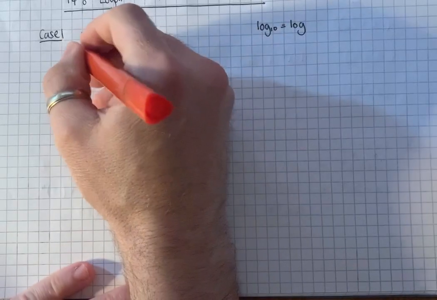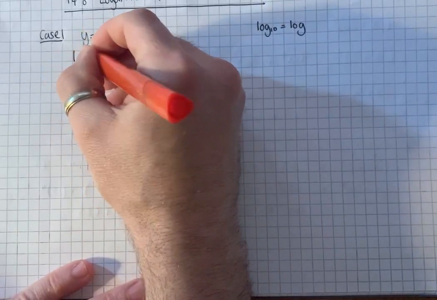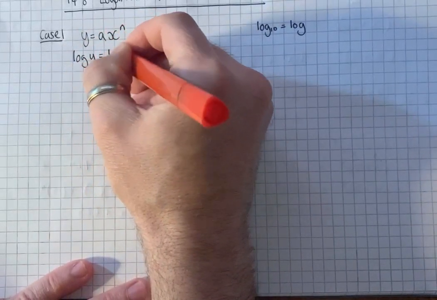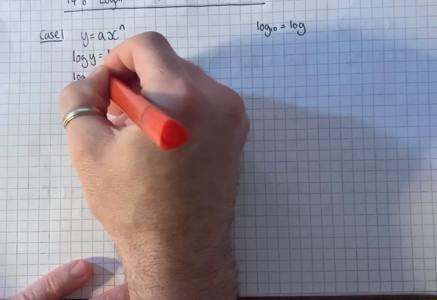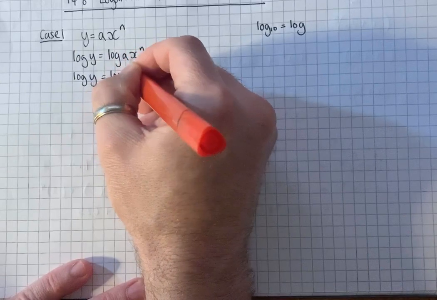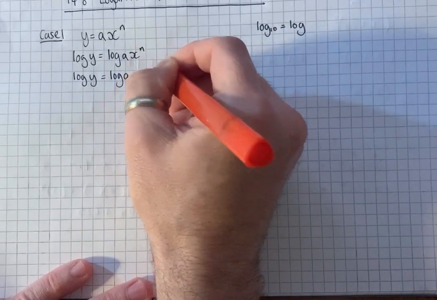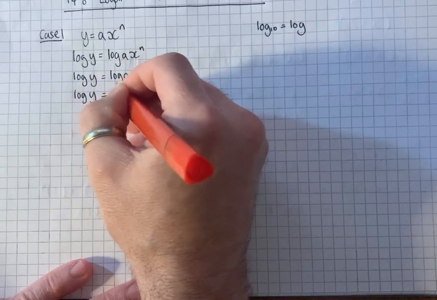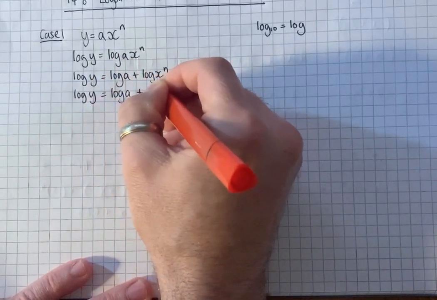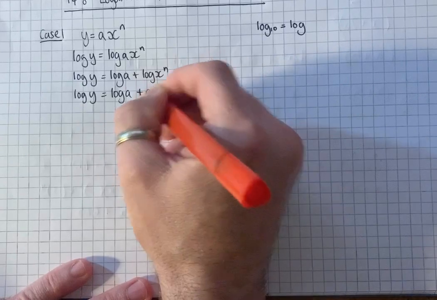So first thing I'm going to do is take log to both sides, or log to base 10. I'm then going to split this up using the multiplication rule. I'm then going to bring this forward using the power rule. I am then going to swap these two over.